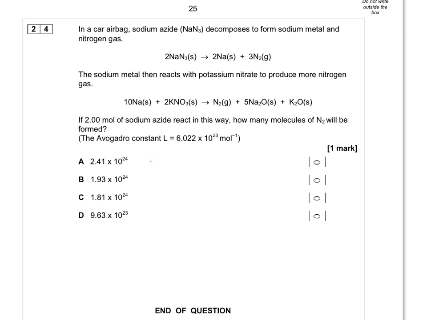Okay, so the first thing we need to do is to work out the moles of sodium azide, which is given to us in the question as 2. Then we need to have a look at how many moles of nitrogen are formed in equation 1. Well, if we had 2 moles of this to start with, every 2 moles gives you 3 moles of this. So that's going to be 3 moles.